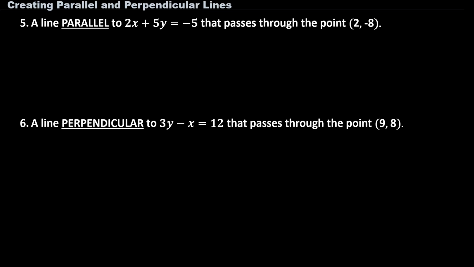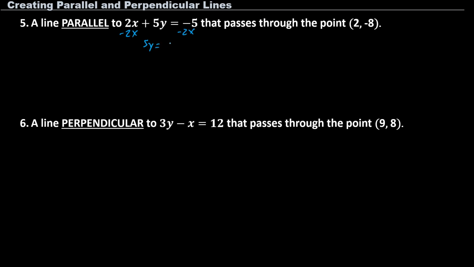As we do another set, because it's parallel, we're going to steal the slope from it, but as you notice, this is not set up in the way that we need it, y equals mx plus b. That means we need to take this equation and rework it to set it up as y equals mx plus b. So we need to subtract 2x to the other side.